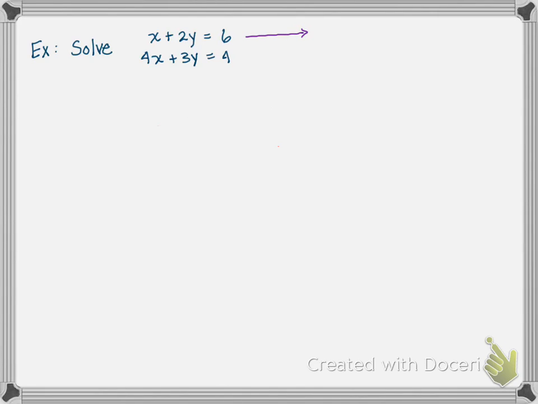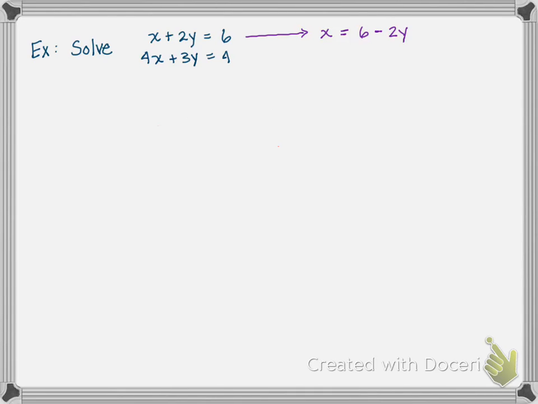I just have to subtract 2y from both sides. So x equals 6 minus 2y. So what I did the first time wasn't wrong, it would work just fine. It's just a lot messier. And so I always look for those variables that have a coefficient of 1, just to make my life a little easier.